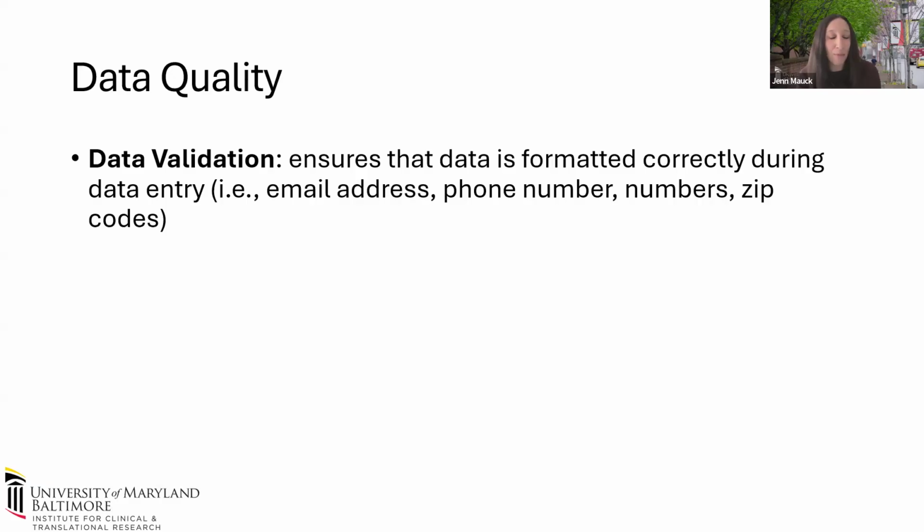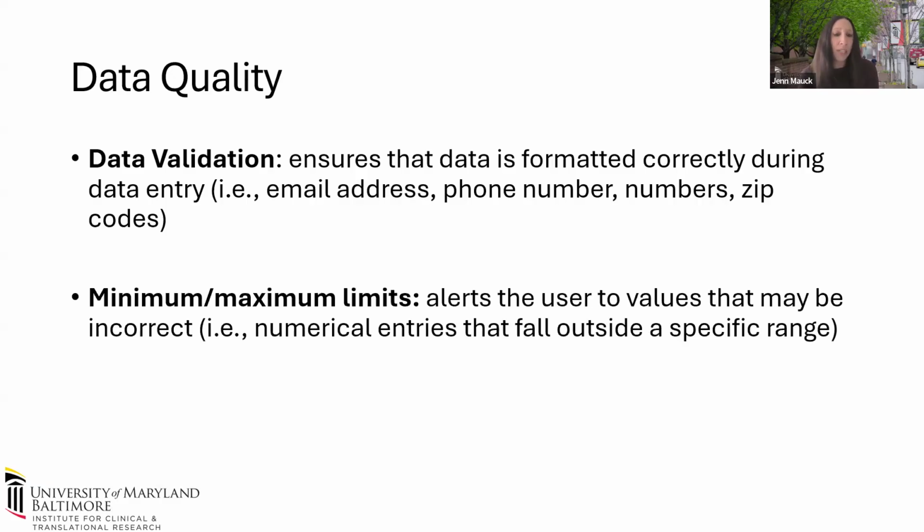There are also minimum and maximum limits. These can be set on numeric or even date fields to flag values that fall outside of a defined range. When a value falls outside of the range, REDCap alerts the person entering data, prompting them to review and confirm or correct the entry. You also have the option to enforce these limits so data cannot be entered outside of this range.